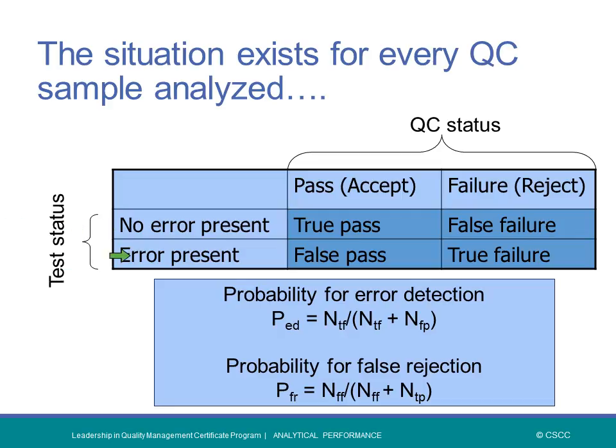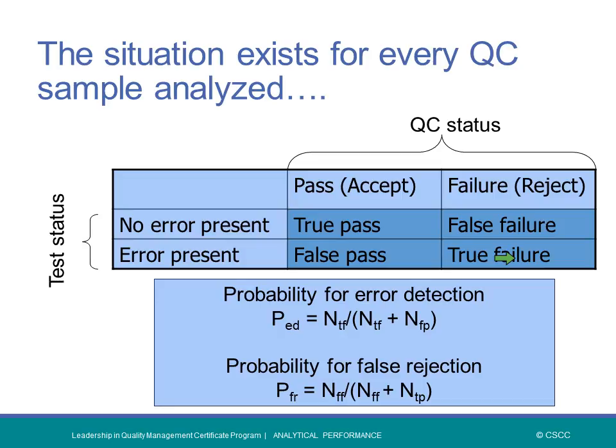The QC data may indicate pass or fail, but these could be true passes, no error detected when no error was present, or a false rejection, error detected by QC when in fact nothing has changed with the test method at all. Likewise, when error is present, there can be a false pass, QC will be within limits, or a true failure, which is what we hope to get from our QC program.